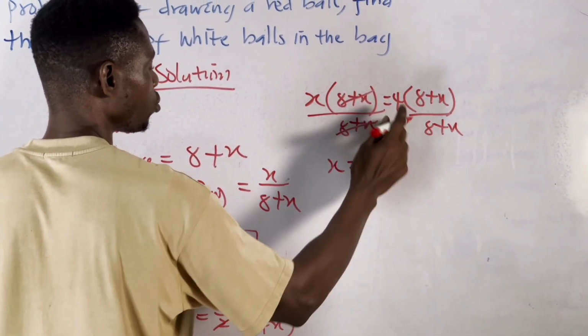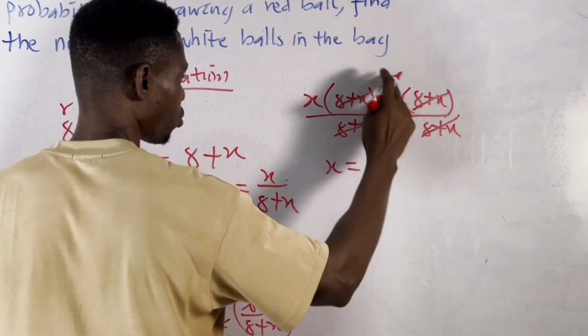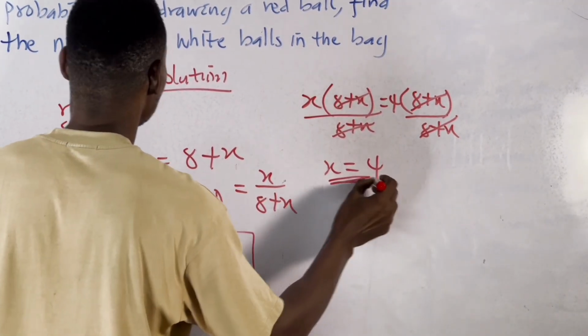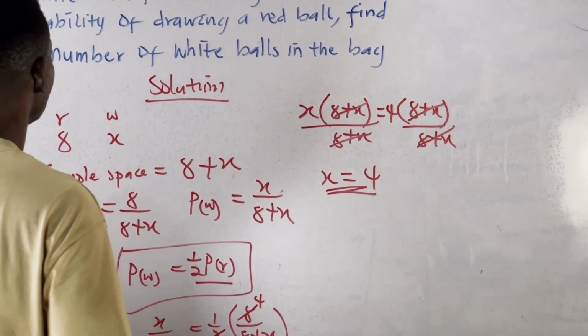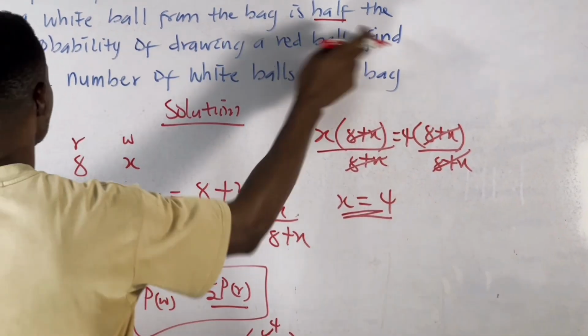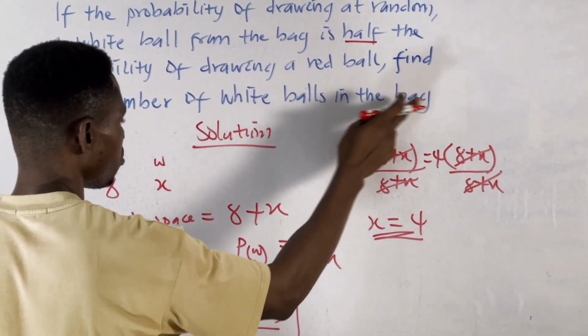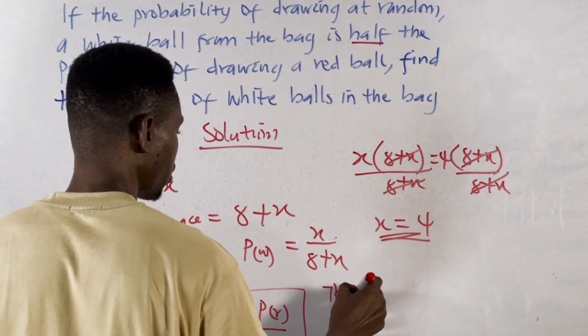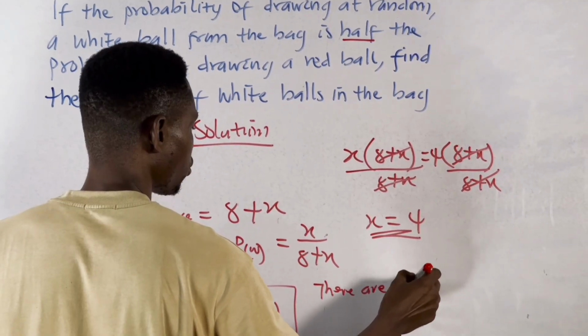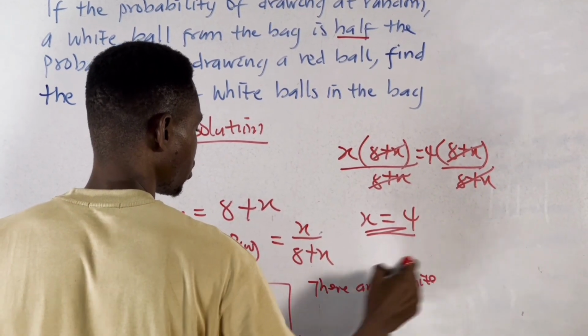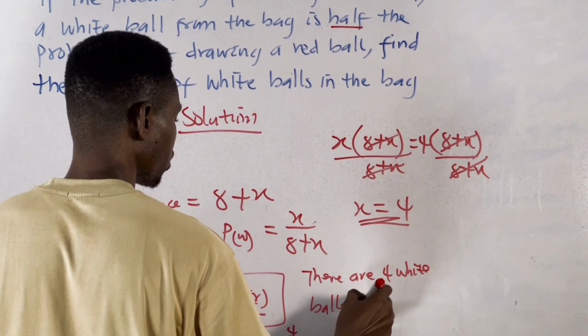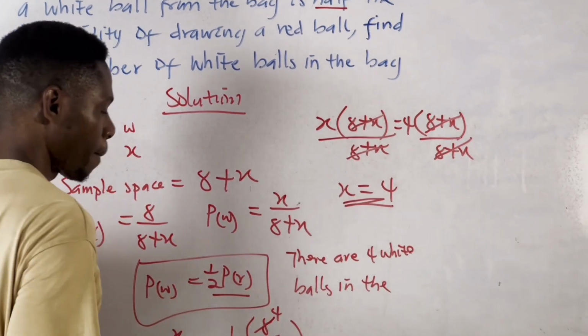X will be equal to 4. This will also cancel, so x will be equal to 4. So it says find the number of white balls in the bag. So there are 4 white balls in the bag.